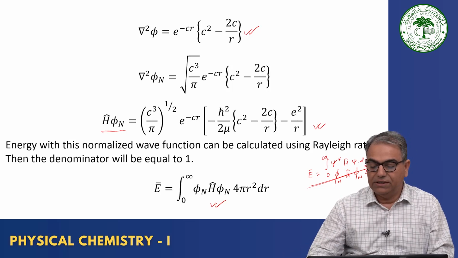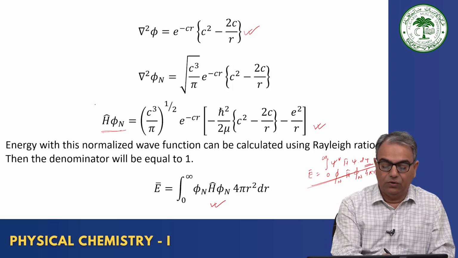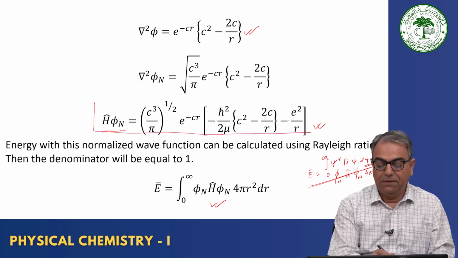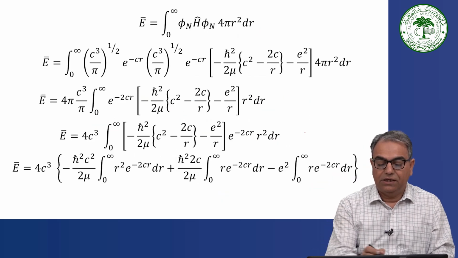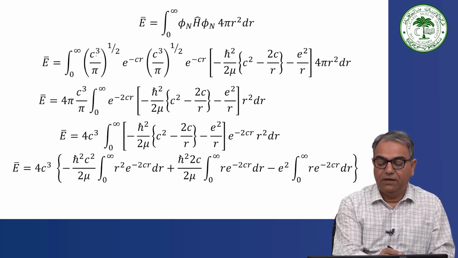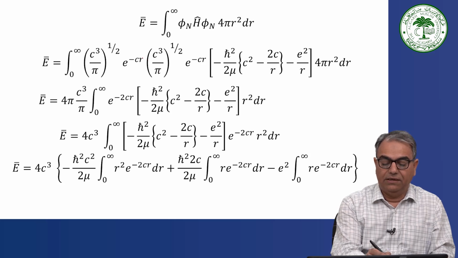So let's find out this integral, and you already have H phi n. H phi n is known to you. So simply put H phi n values in this integral. If you put the H phi n value, okay, what do you get? You get c cube divided by pi raised to 1 by 2 exponential minus cr, then c cube. This is your phi n.